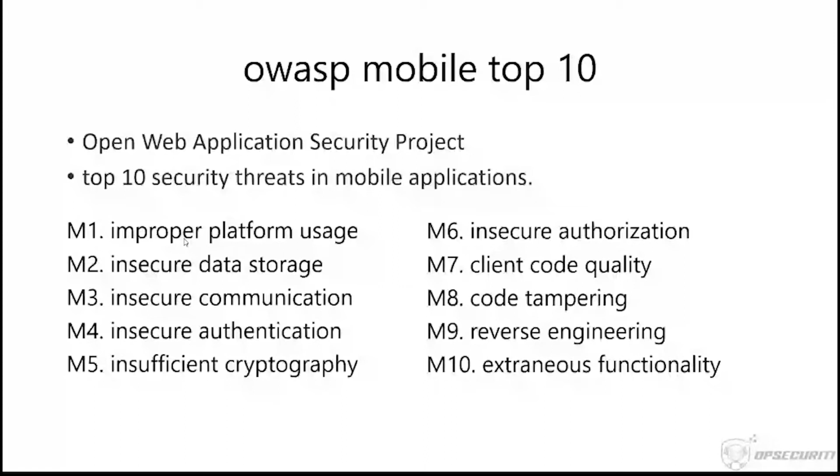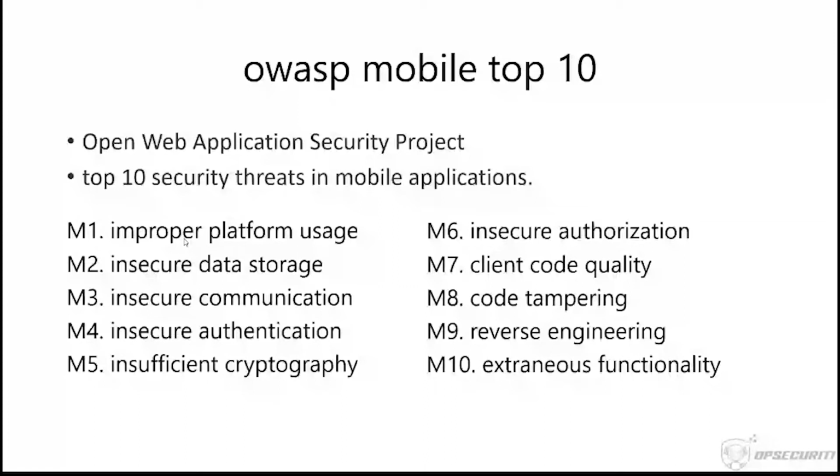Insecure communication, in hindsight, the basic of it is to ensure that you use proper encryption for your communication. So if you have a client server application, make sure that you use SSL or TLS. And insecure authentication is just a bypass. I'll show a bit of this later, some examples.